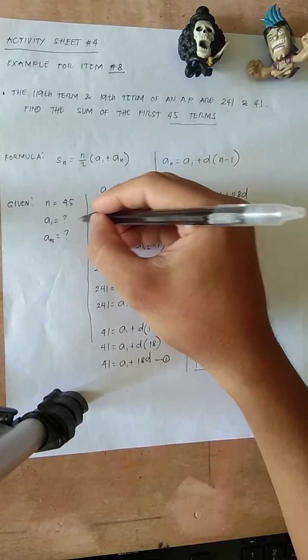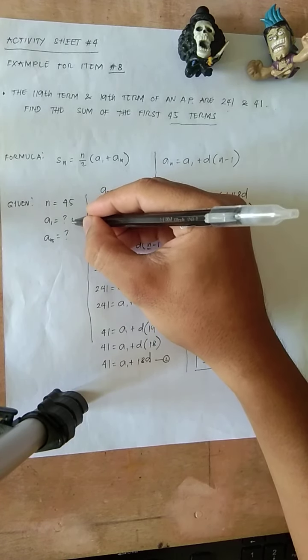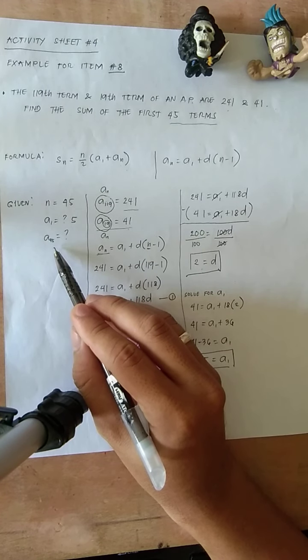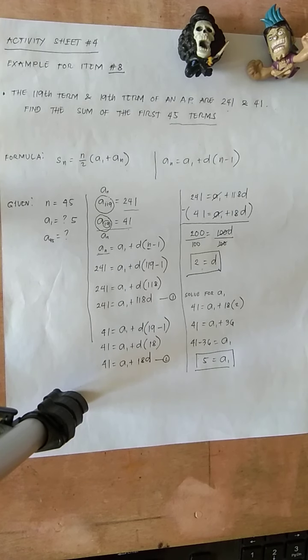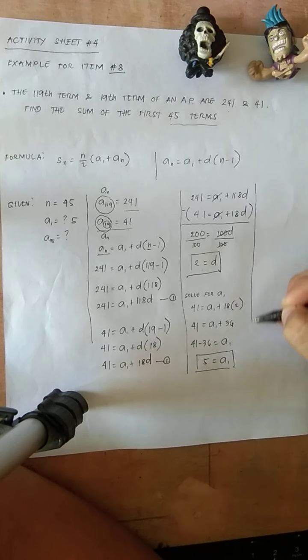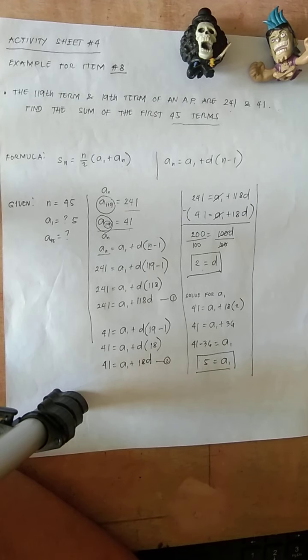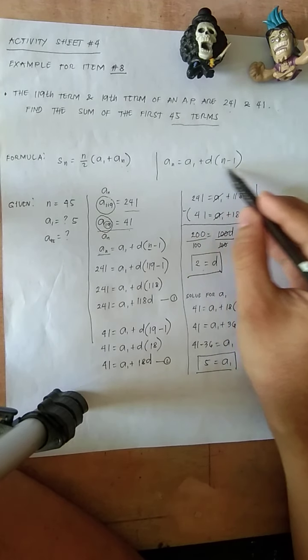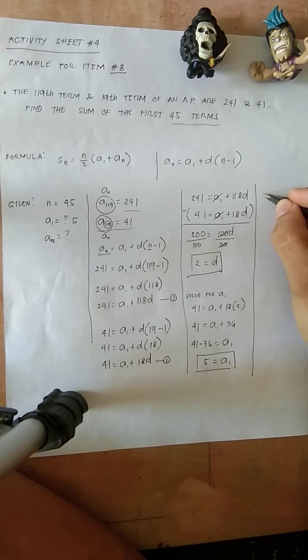So we now have the value of a sub 1, which is positive 5, but we do not have yet the value of a sub 45. Correct? So if we're going to look for the value of a sub 45, then let us continue this solution. Again we will go back to this equation. What is now the value of a sub 45?